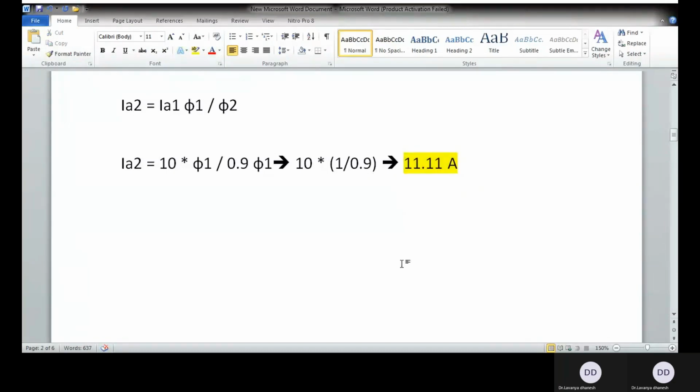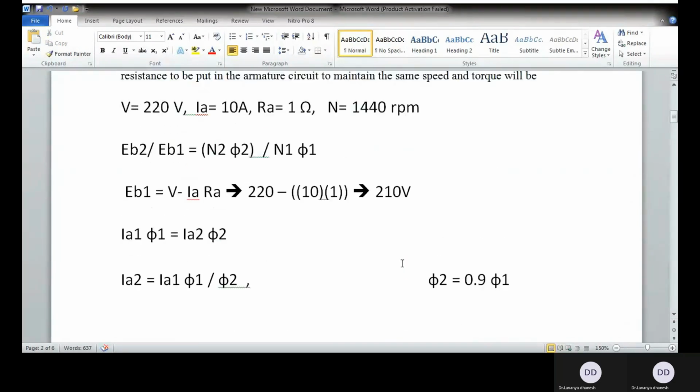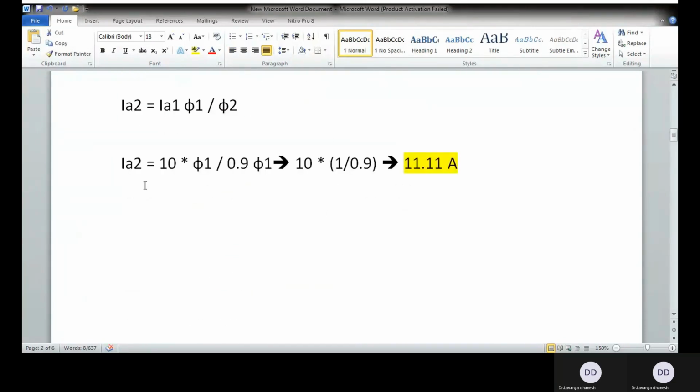So now I'm going to take out the relationship. In that relationship, I'm just finding it out, EB1, EB2 I have written out. Again, I'm using this relation. So EB2 by EB1 is equal to, so N2, N1 we are not going to consider, because you are going to maintain the speed as constant. Since the speed is maintained as constant, it will get cancelled. So now I am going to write phi 2, phi 1.